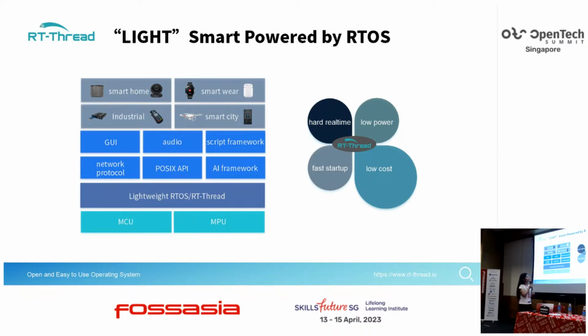Because of its features like hard real-time, low power, fast startup, and low cost, it is more likely to be used in the smart home, smart world, industrial control, and smart cities, for both NPU-powered devices and MCU-powered devices. Nowadays, we are defining what should be a perfect RTOS to be chosen for a project.